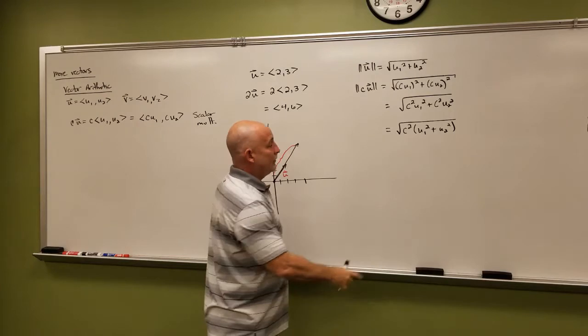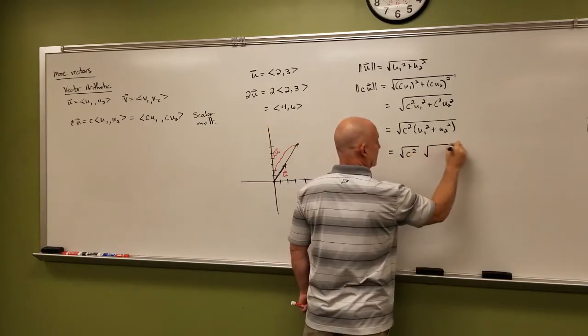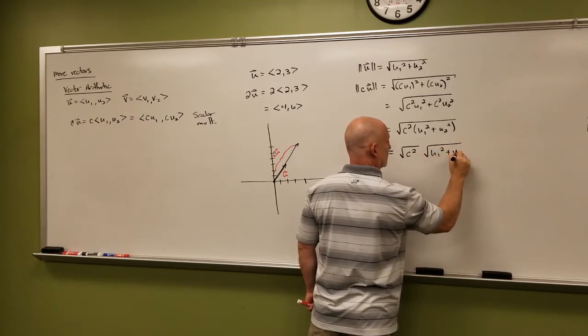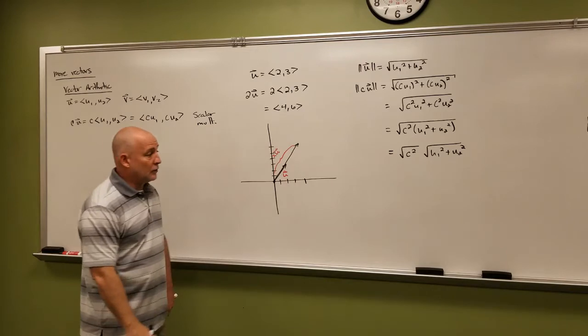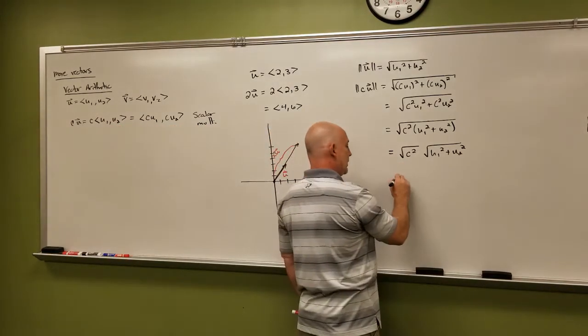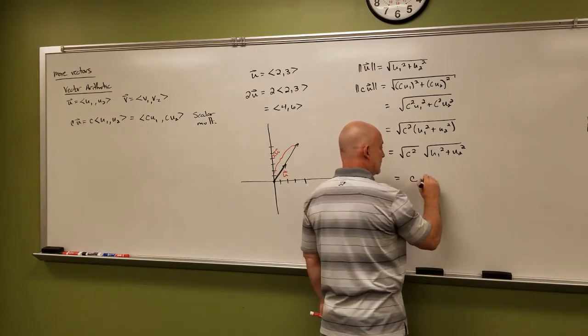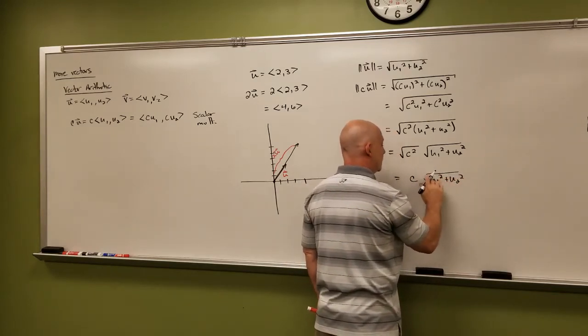All right, well, now that they have things joined by multiplication, we can actually just take the square root of both of these. Now here's where this gets a little bit tricky, and it's something you're really going to have to watch out for. The square root of something squared is just not that thing. The answer to that is not just c.